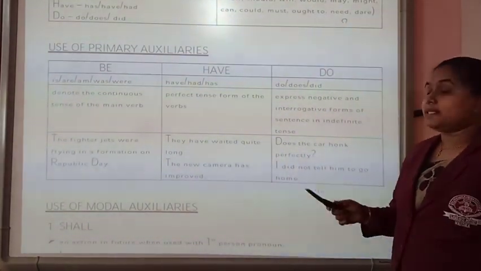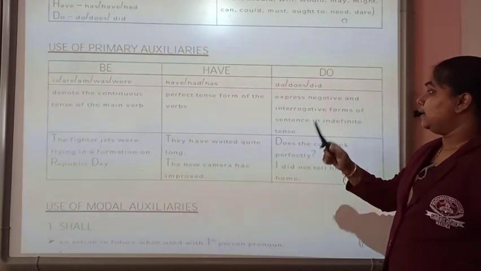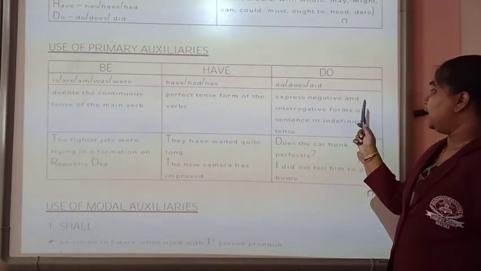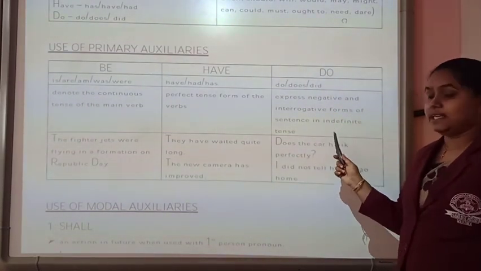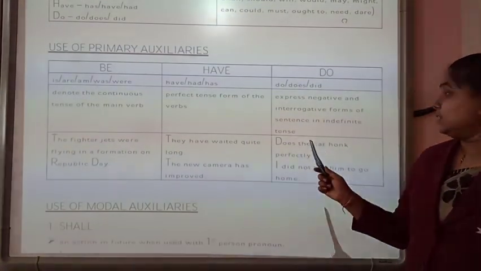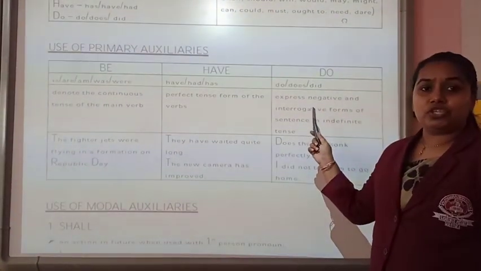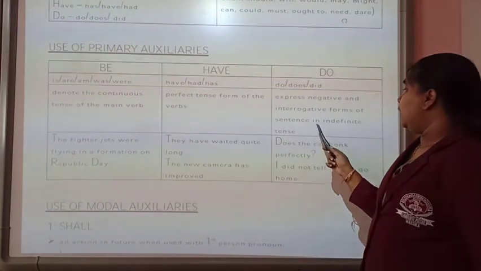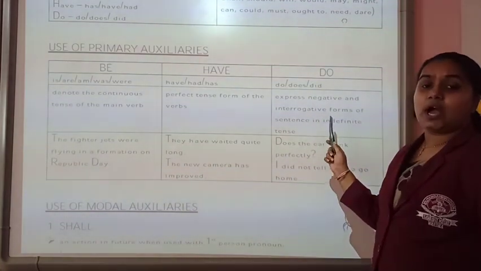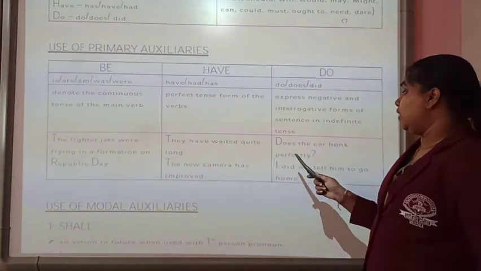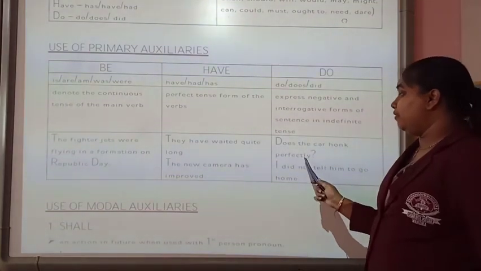Okay, now let us come to do, does, and did. Okay, they express negative and the interrogative forms of the sentence in indefinite tense. Okay, negative you know, which is using not, and interrogative, it's using to ask the question. Okay, so does the car honk perfectly?